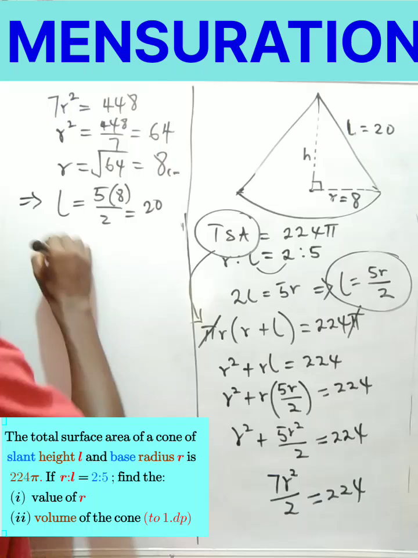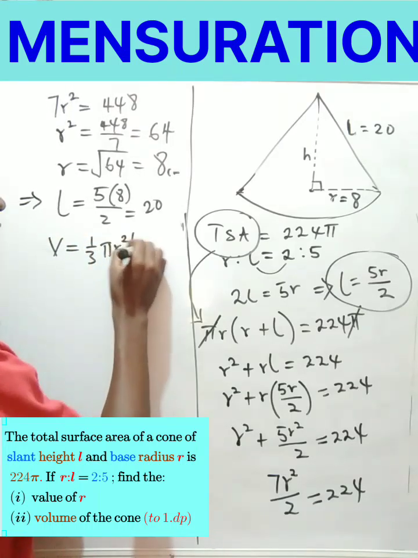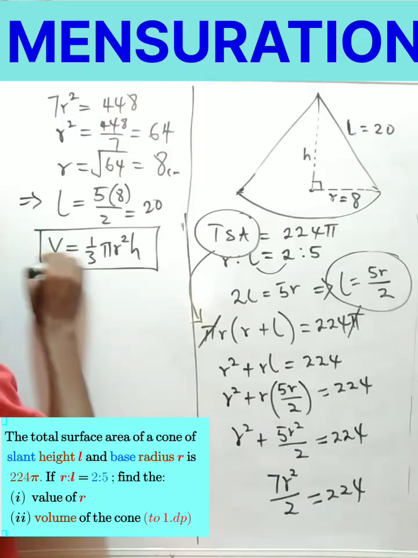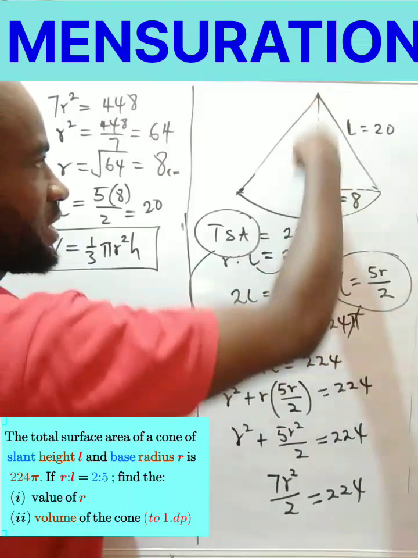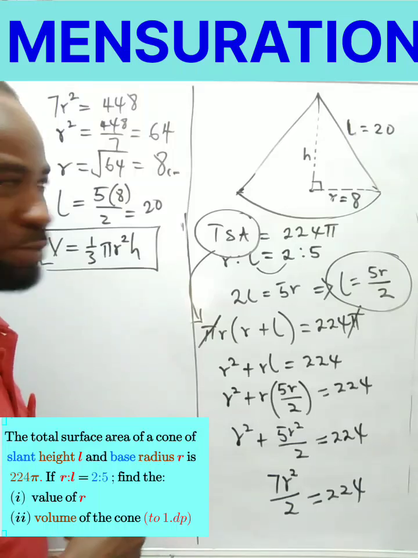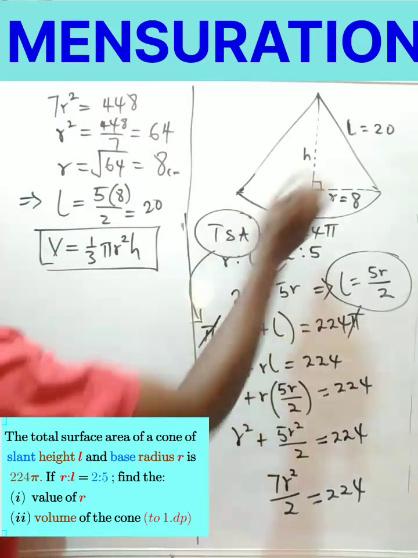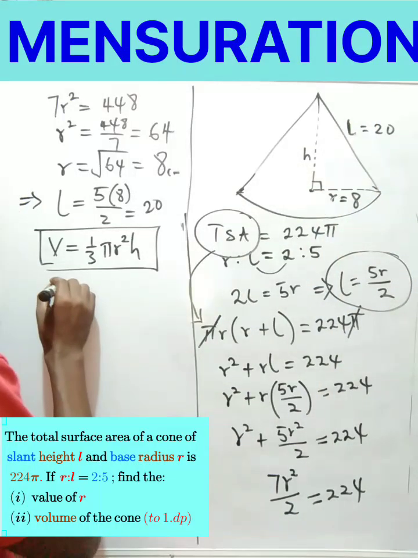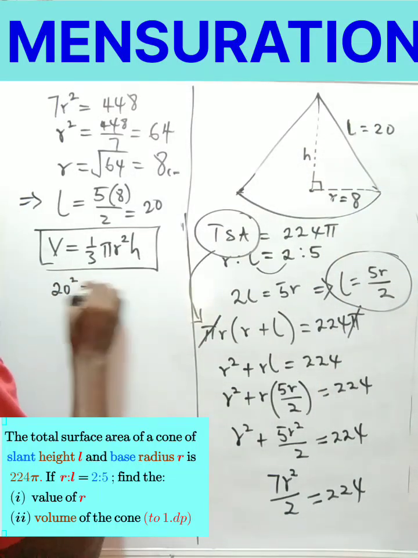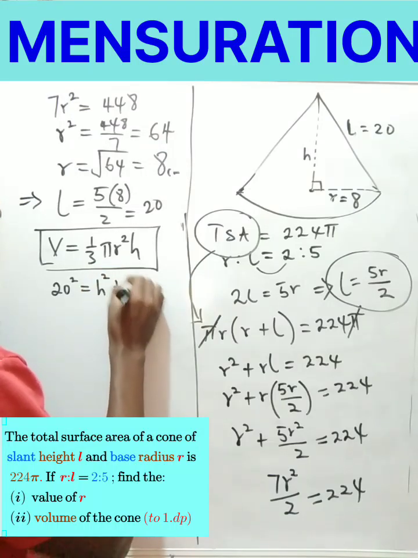Now, you know that the volume of a cone is given as 1 over 3 pi r squared h. So we need this vertical height, and this will now take us again to Pythagoras theorem. From Pythagoras theorem, we know that the square of the hypotenuse, 20 squared, is equal to the square of the two other sides, which is r squared plus h squared.